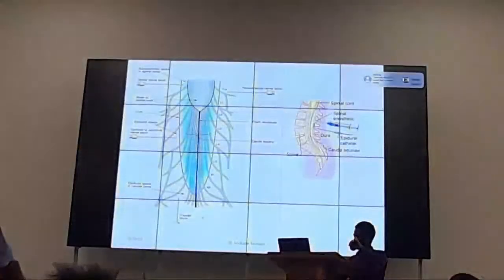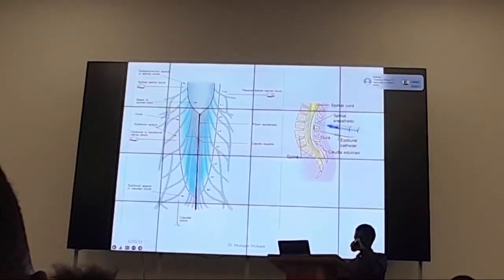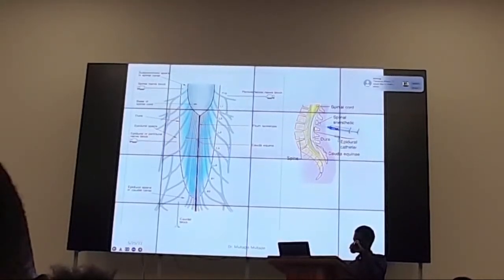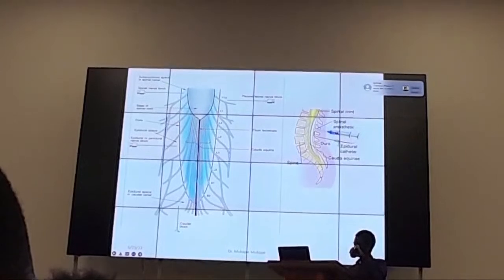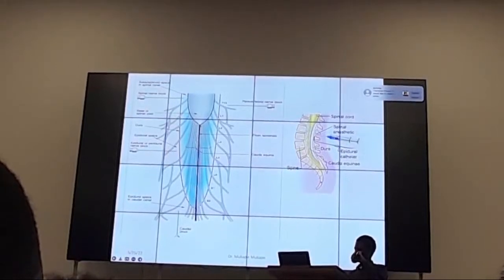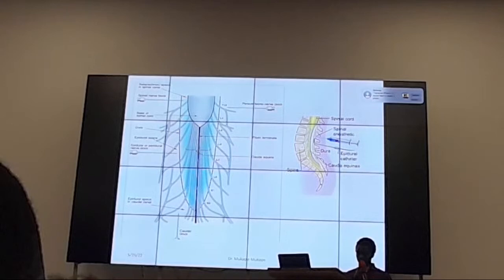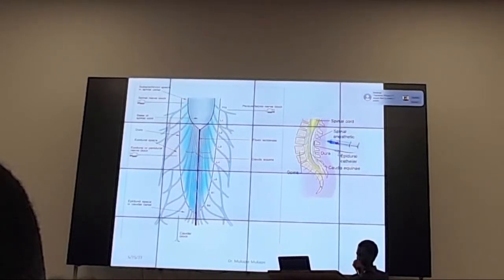You can see that the spinal cord is ending here. We can see the filum terminale, this black line. We can see the arrangement of the spinal nerves like a tail of a horse, which we call the cauda equina. So these are cauda equina nerves.